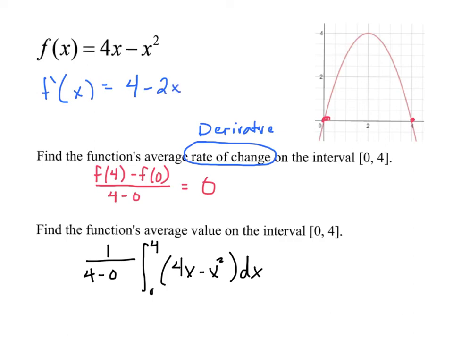And then they say, oh, but you know what? I'm not just finding the rate of change, I'm finding its average. So maybe I could do average value of the rate of change. Rate of change was 4 minus 2x.